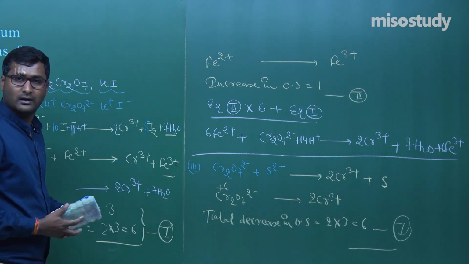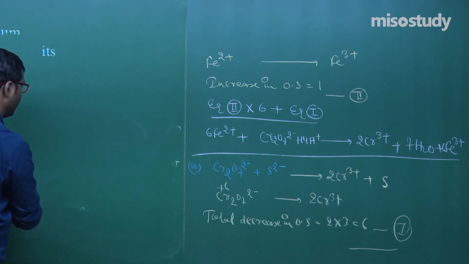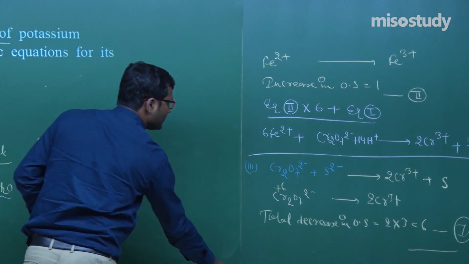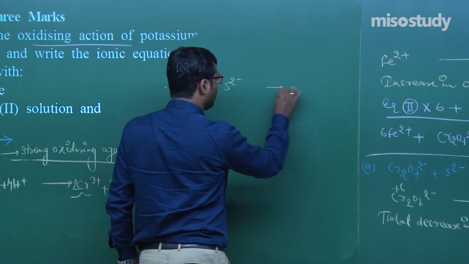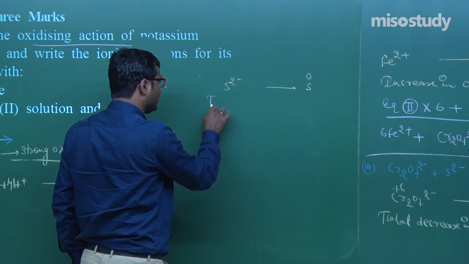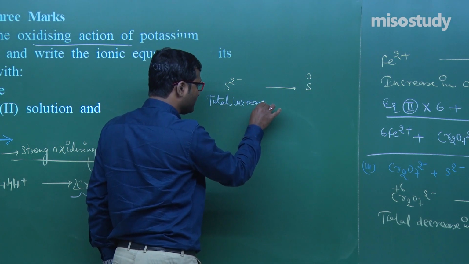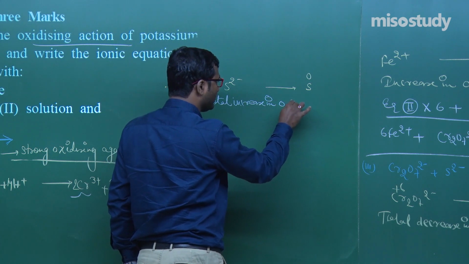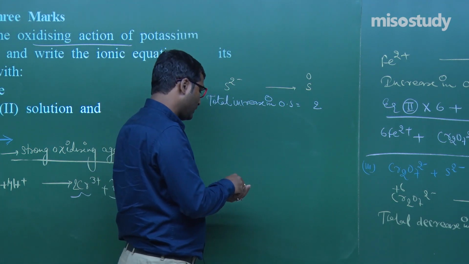Now I am moving on, check it out. Next one is H2S, that is sulfur 2 minus converted to sulfur, that is 0 oxidation state. So the total increase in oxidation state is equal to 2. Now this is equation 2.